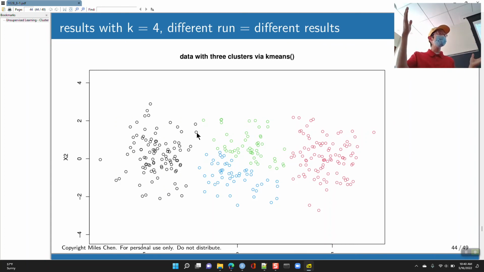That could further be divided into East Asian, South Asian, Southeast Asian. East Asians could further be divided into Chinese, Japanese, Korean. And Chinese could even be further divided into different racial groups within the Chinese population. So how many clusters should we find or look for? It's very, very challenging.